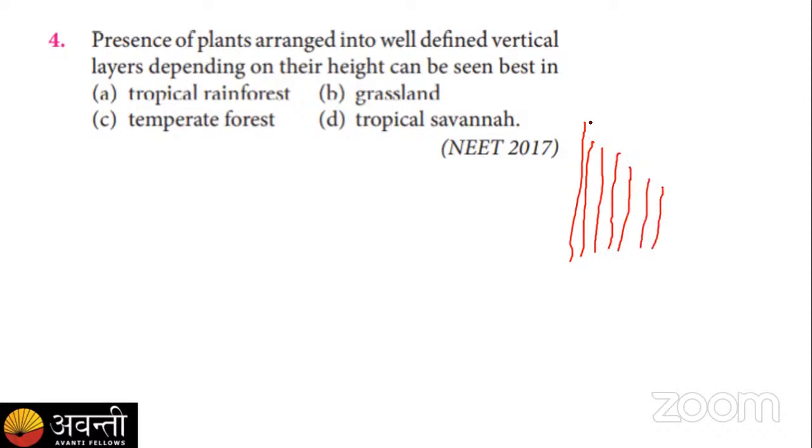As you can see, a steep slope is forming in decreasing order. Such plants are usually seen best in which region? Option A, tropical rainforest. Option B, grasslands. Option C, temperate forest. And option D, tropical savanna.